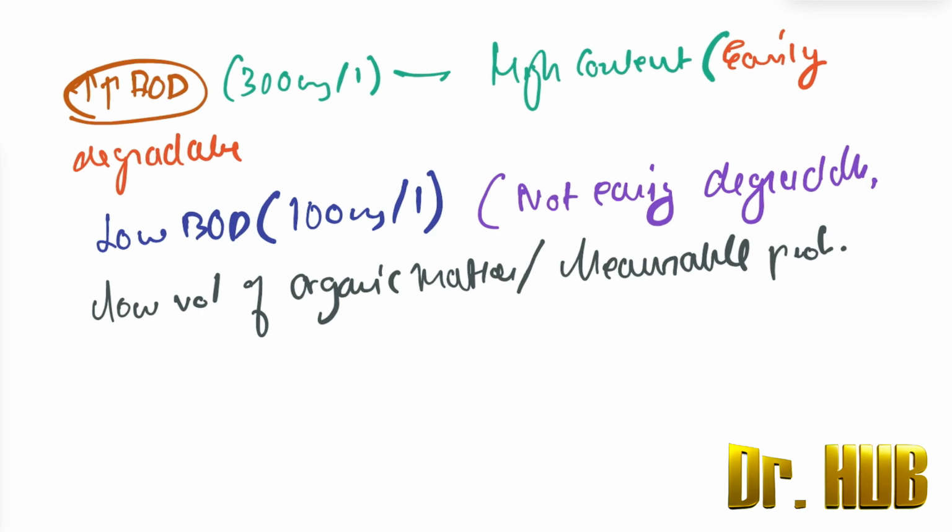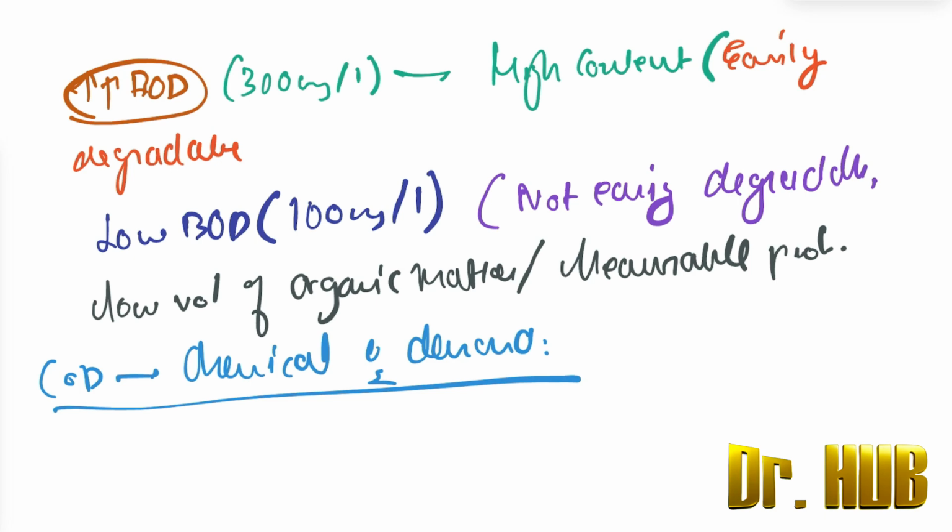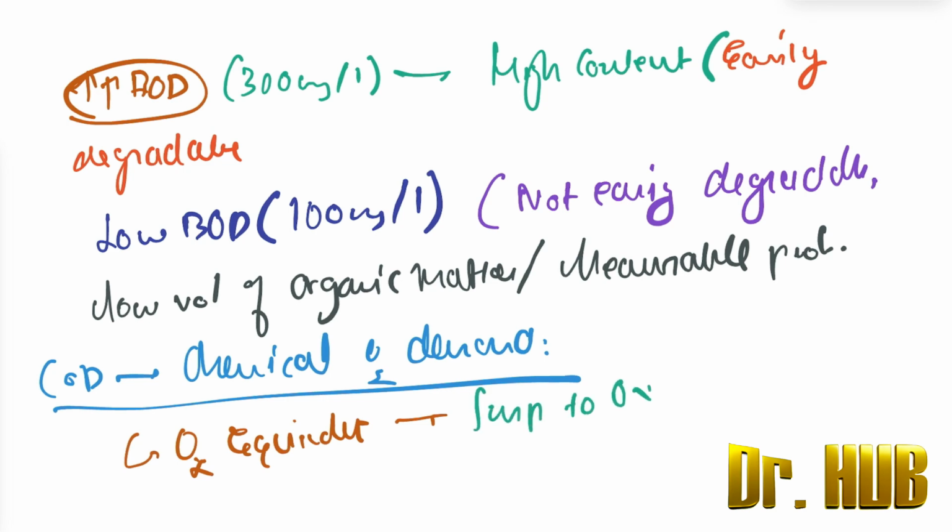Next comes the COD. COD means chemical oxygen demand. This test measures the oxygen equivalent of that portion of the organic matter in the sample that is susceptible to oxidation by a strong chemical oxidizer.